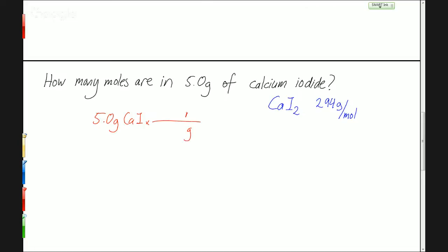We want to go grams to moles. So to go grams to moles, we need grams on the bottom, moles on top. So that's 294 grams in 1 mole.